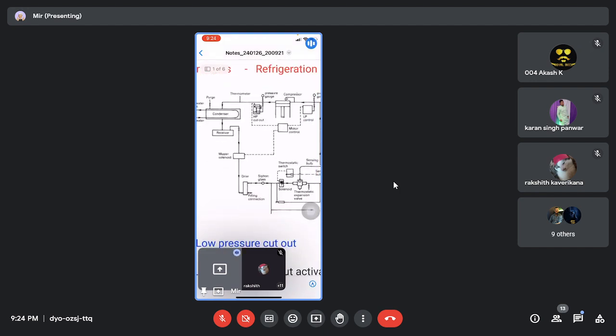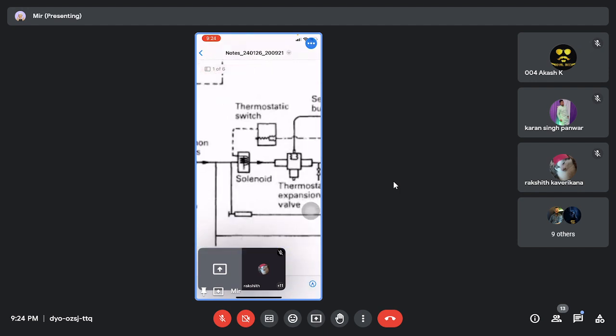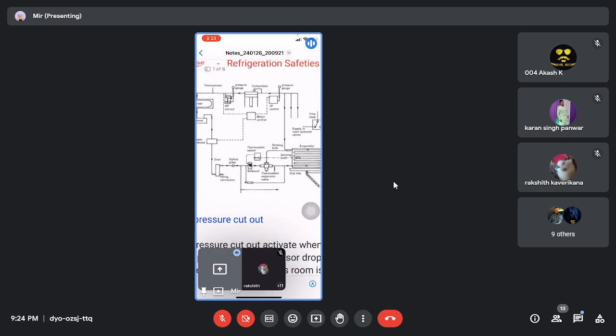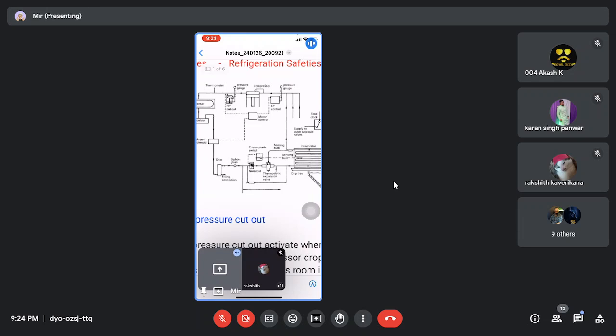And the solenoid valve is there too. Each evaporator has a separate solenoid valve and thermostatic expansion valve. On ships we have three rooms: veg room, meat and fish room, and the accommodations. So every room has a separate thermostatic expansion valve and solenoid valve.